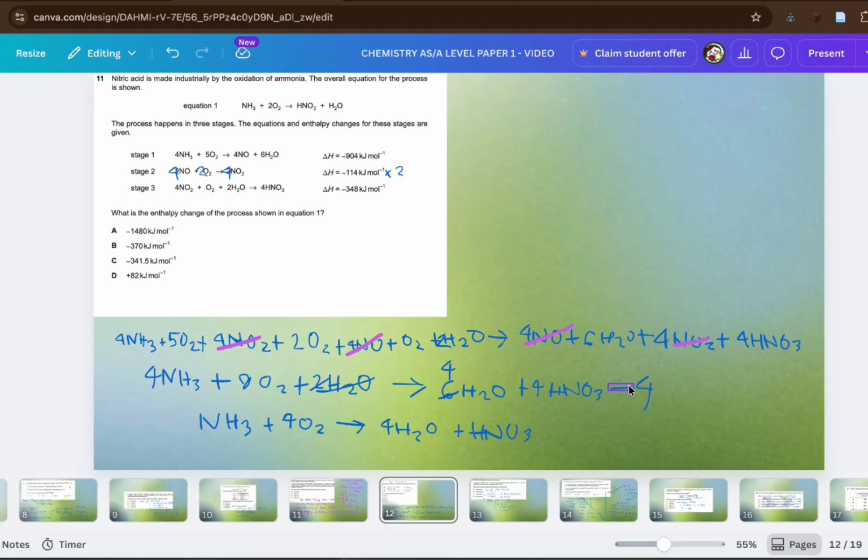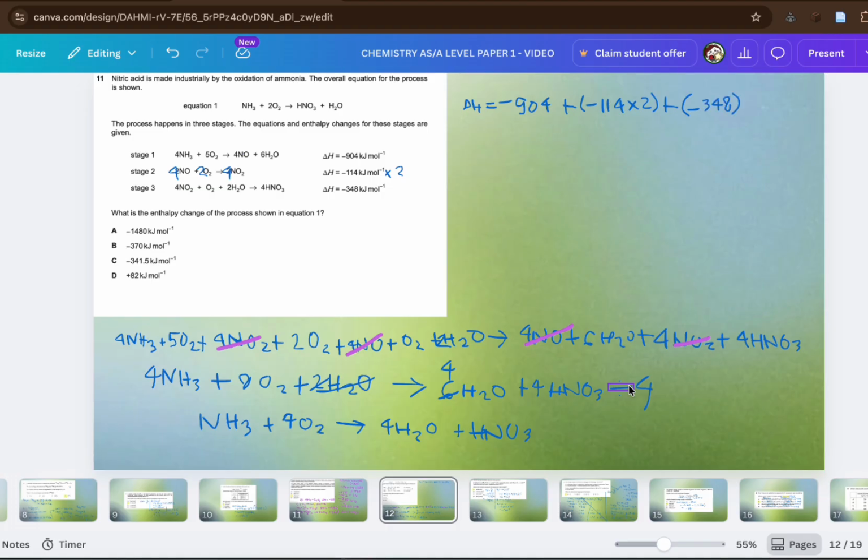So enthalpy change is about 904 plus 114 multiplied by 2 plus negative 348.